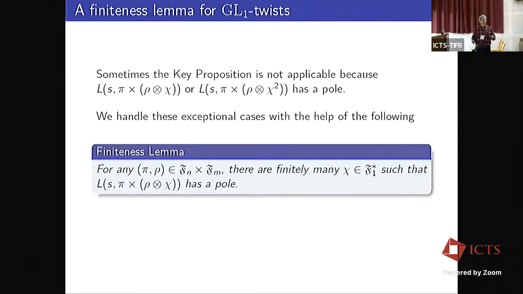F_1 star, can only ramify where either pi or rho ramify. So the ramification locus of chi is controlled. On the other hand, if you look at the central characters of pi and rho twisted by chi, you can also see that some power of chi is determined.